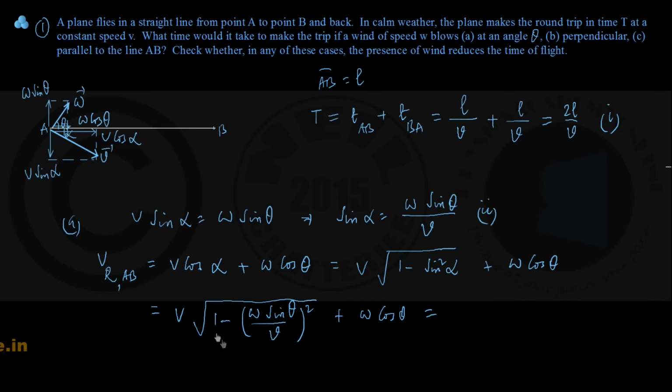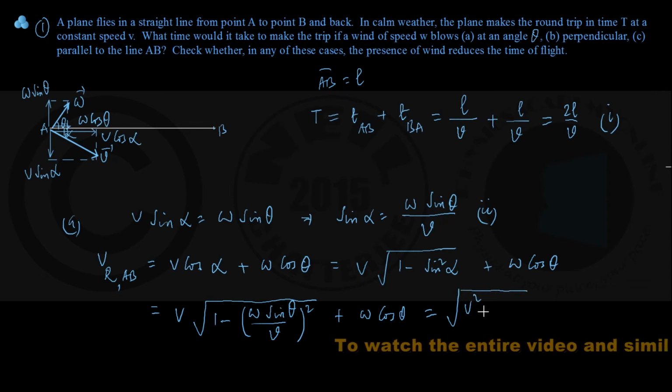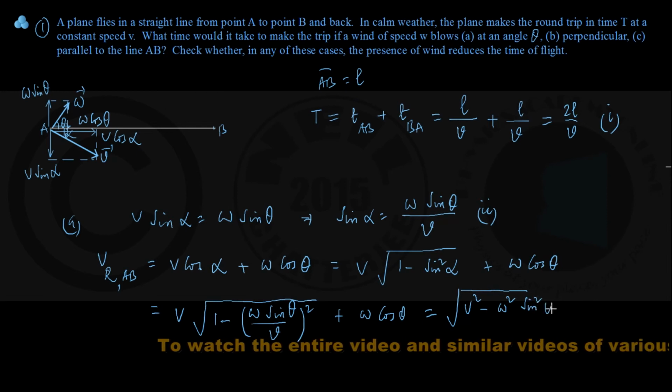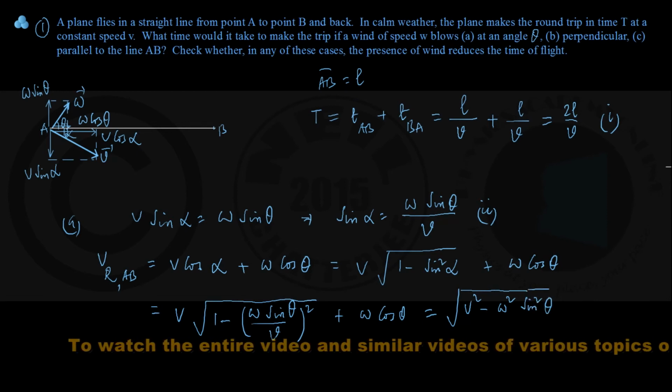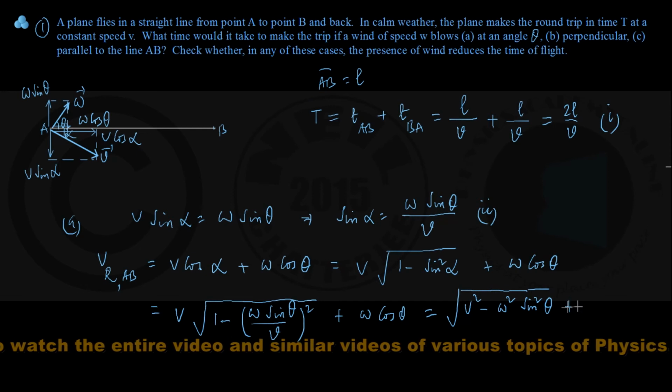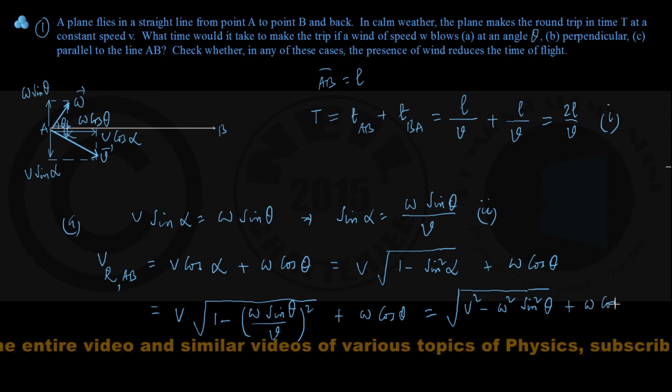In the next step, as you can show yourself, if I took V square in denominator inside the square root, you show it eventually, I could write this to be square root of V square minus W square sine square theta, and you have also got plus W cos theta.